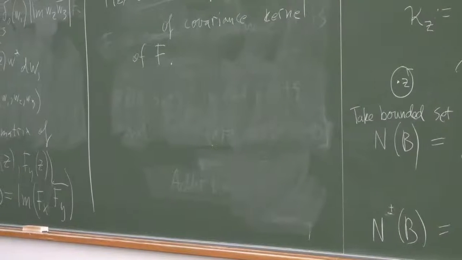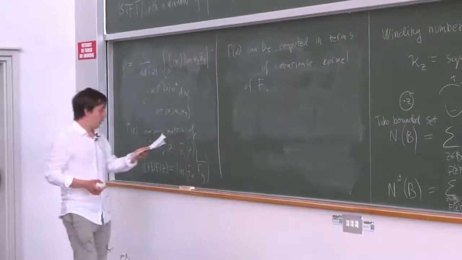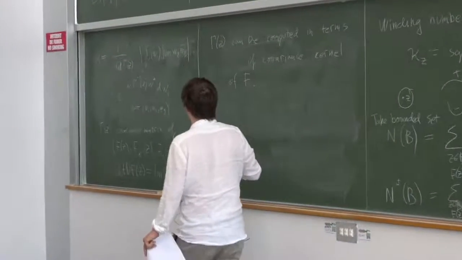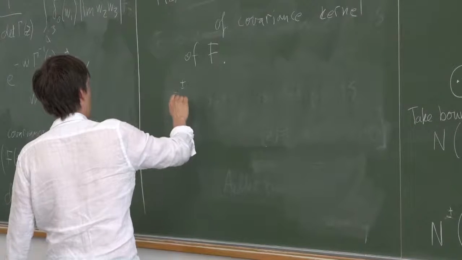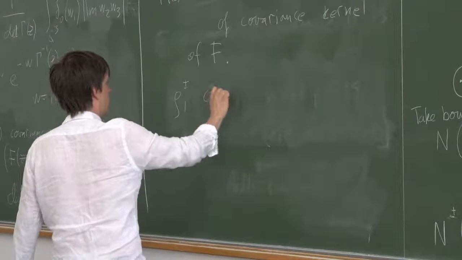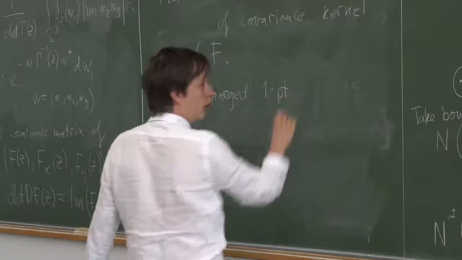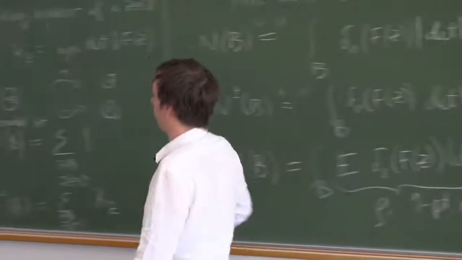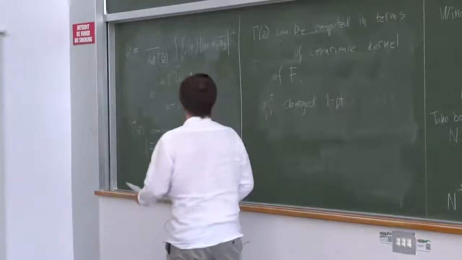So this is good. It's an explicit expression now. The same holds for the charged one-point intensity. I won't repeat this expression. It's the same without the absolute value, and that expression will also be the same, but just without the absolute value.